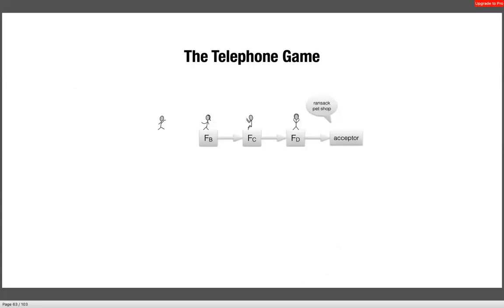So now here's the entire pipeline. I have an acceptor corresponding to the decoded string from the FST, which is ransack pet shop. Here I'll call this a player model, where I have a lexicon FST L, an error model corresponding to speaker D, and then the inverse, L inverse.